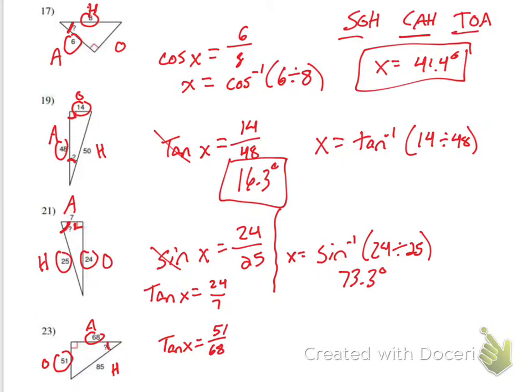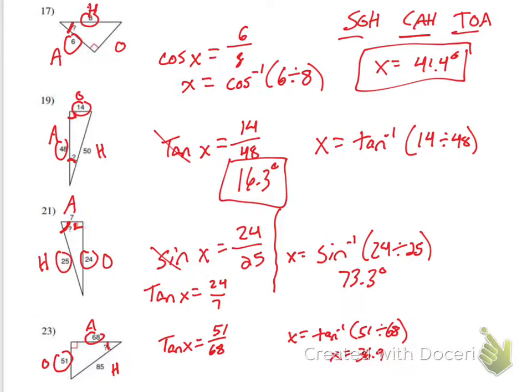I want to get rid of the tan, so I would do the inverse of it. So x is equal to tan -1, 51 divided by 68. And when I do that, I get 36.9 as my final answer.